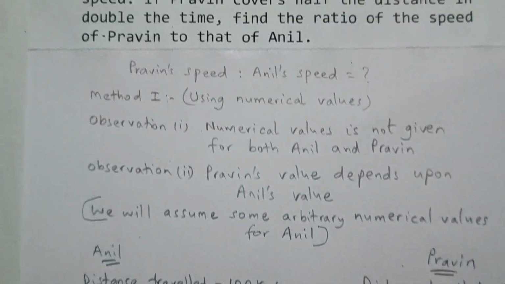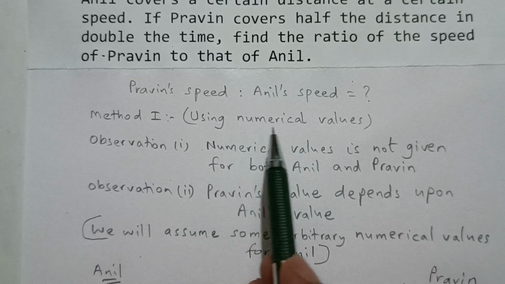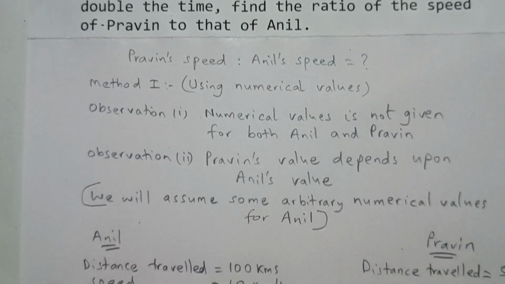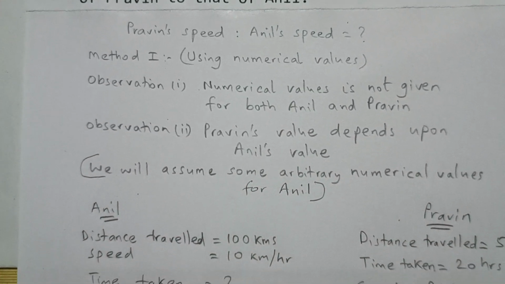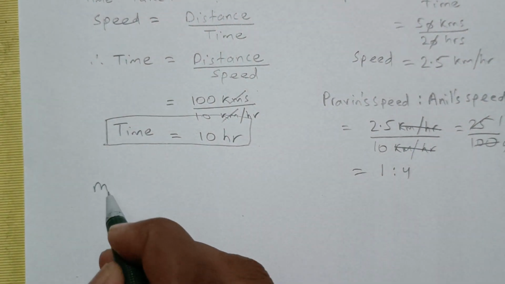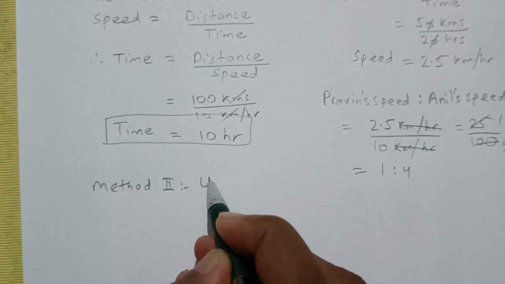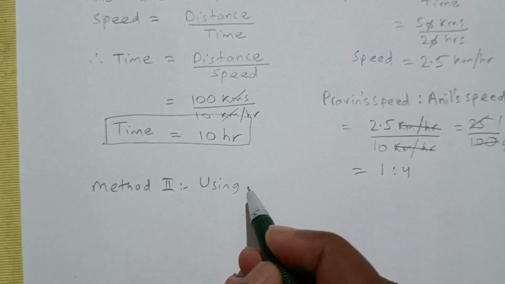Now this is how I have solved it using method number 1, which is using numerical values. Now the same question you can solve using variables also. So that I will do it fast. So method number 2 is using variables.